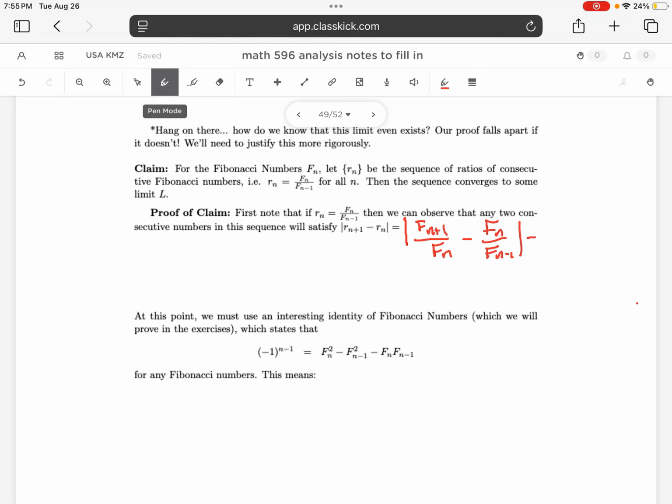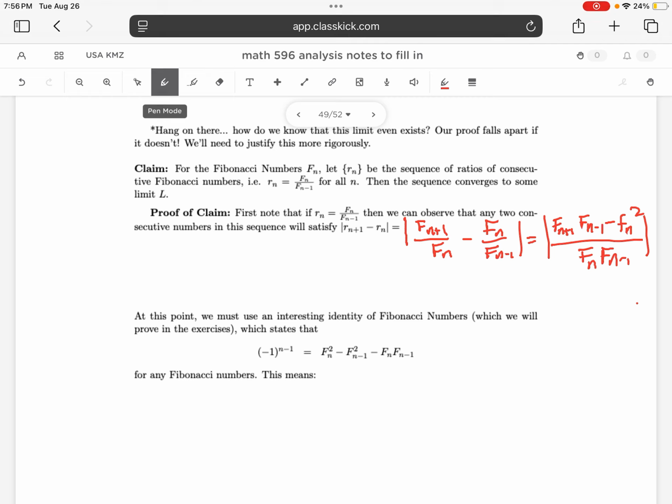And so if we combine these into one fraction by getting a common denominator of F(n) times F(n-1), this is going to look like F(n+1) times F(n-1) minus F(n) times F(n), all divided by the common denominator. Okay, so does this make sense so far? All right, I think this makes sense.